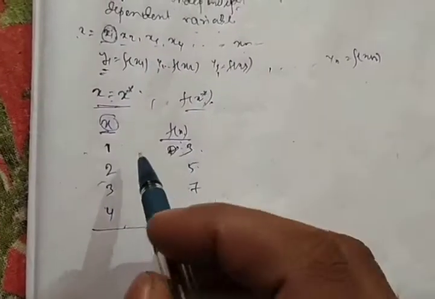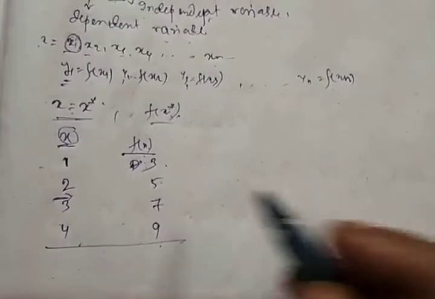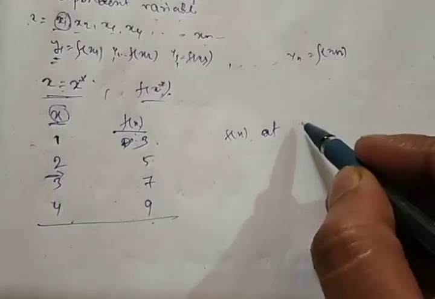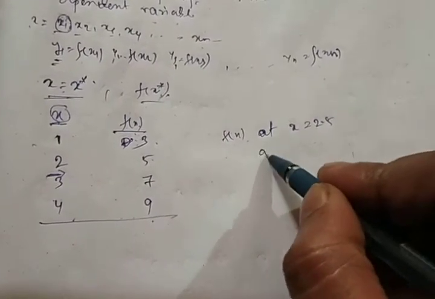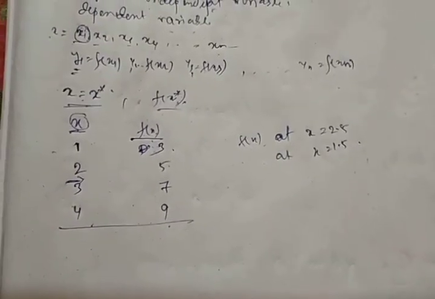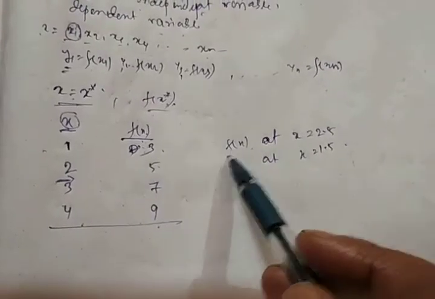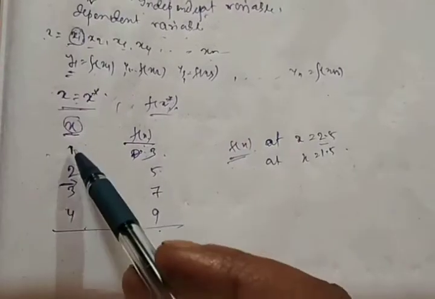Now we want to find the value of f(x) at x equals, let's say, 2.5, or at x equals 1.5. So we have to find the values of f(x) at unknown values of x, which are not given.